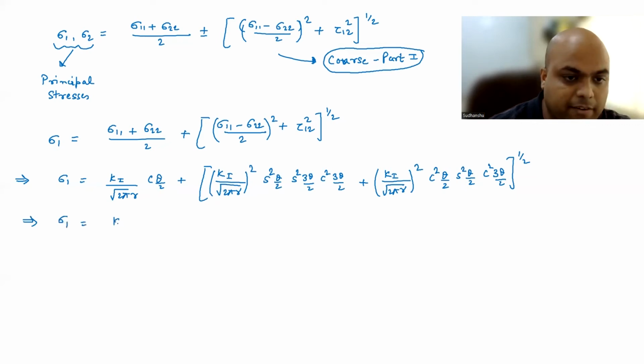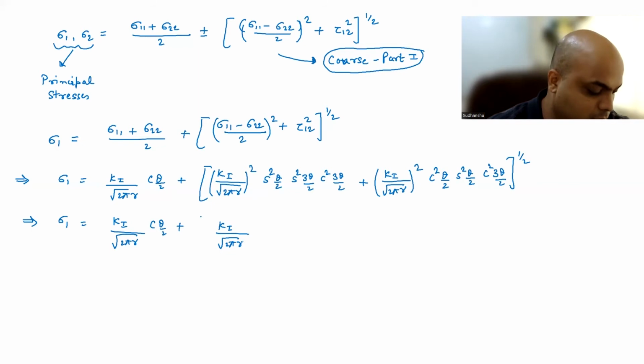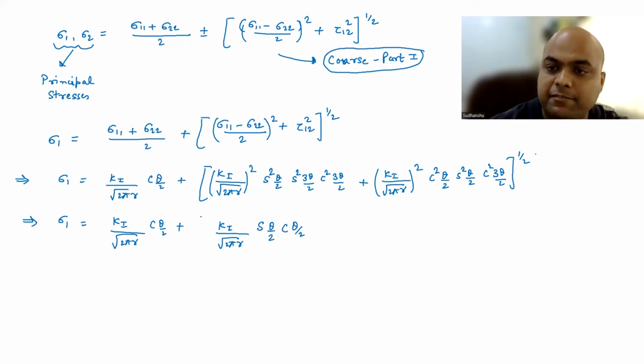it's going to be k1 c theta by 2. This term, and just take out k1 by root 2 pi r square. So it is 2 pi r and then s theta by 2 and c theta by 2 we can take out. So s theta by 2 and c theta by 2. Remember we have a root.